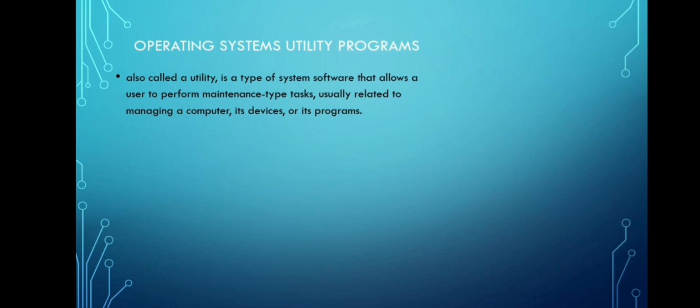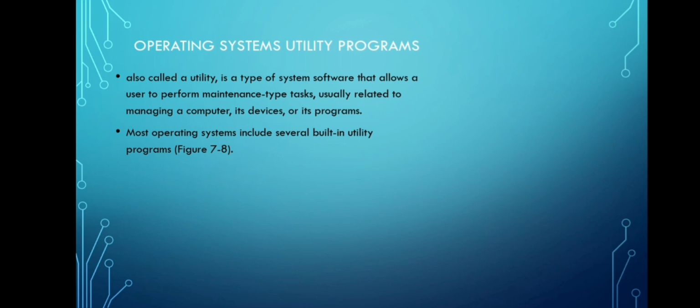Operating systems utility programs: a utility is a type of system software that allows a user to perform maintenance-type tasks, usually related to managing a computer, its devices, or its programs.